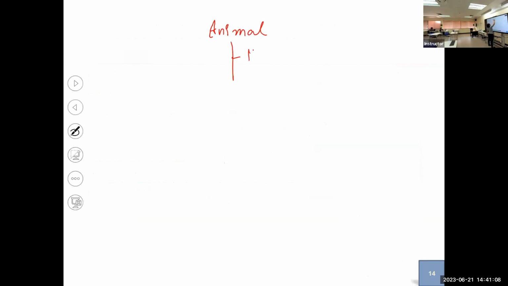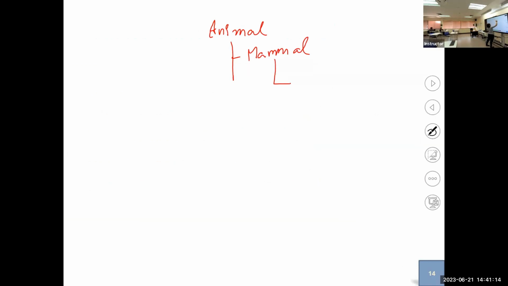Above, maybe we may have animal, we may have mammal, we may have many more. But then we do have elephant. Under elephant, of course, there is a way to define an adult elephant.